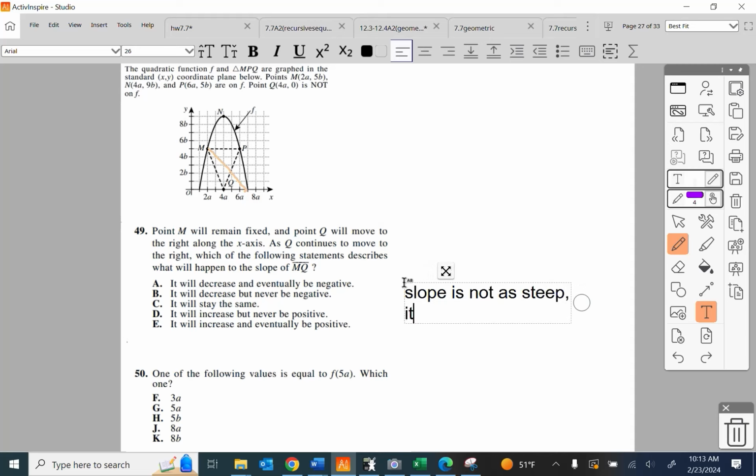Now, it's still downhill, so still negative. So the slope is not as steep, which means it's actually increasing. That seems weird, like you want to say it's decreasing, but it's actually increasing. It's becoming less and less negative.